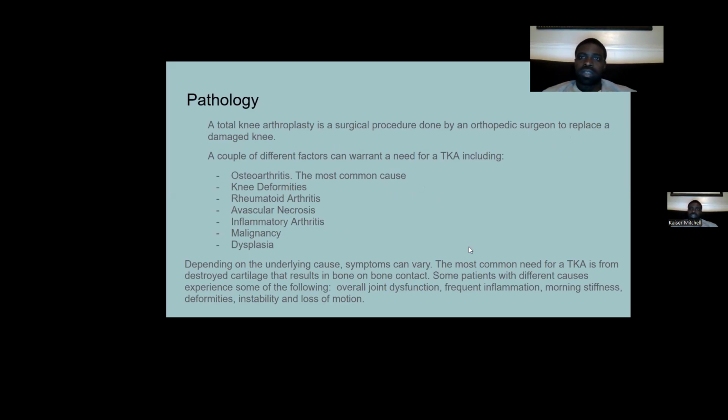It really depends on how the patient presents. If they're getting a lot of inflammation, that may be a sign of inflammatory arthritis. And if they have frequent pain and joint dysfunction, you could be looking at osteoarthritis. So it just depends on how the patient presents.